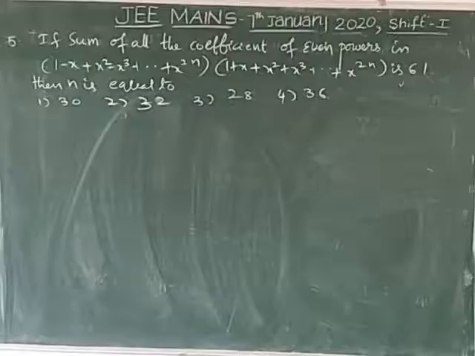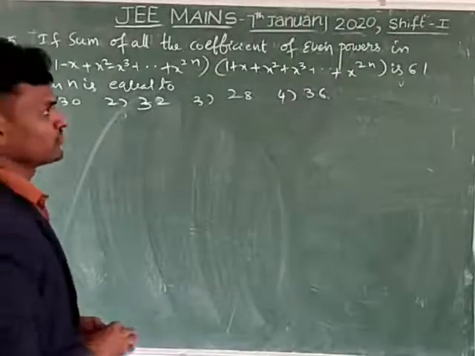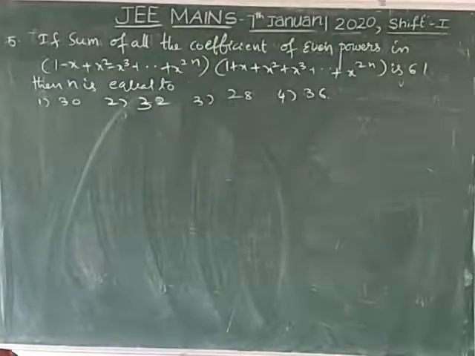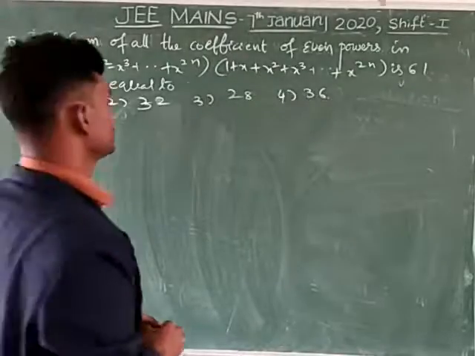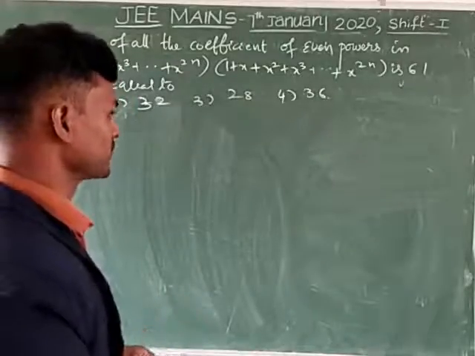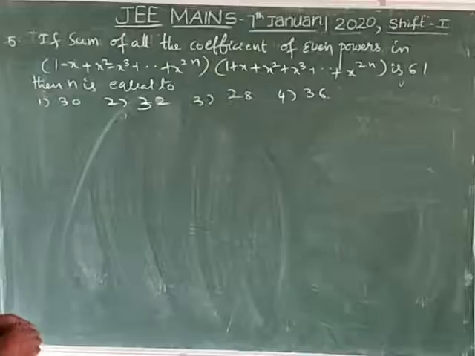Next problem: if the sum of all coefficients of even powers in (1 − x + x² − x³ + ... + x^(2n)) (1 + x + x² + x³ + ... + x^(2n)) is 61, then n is equal to?